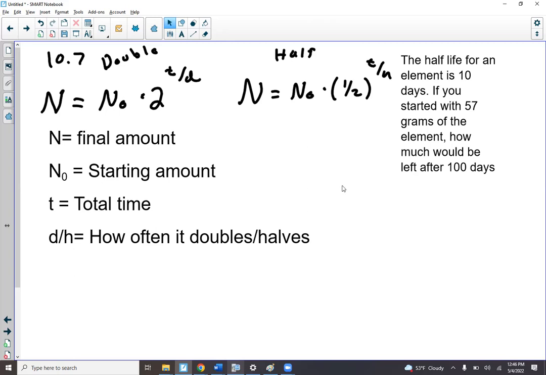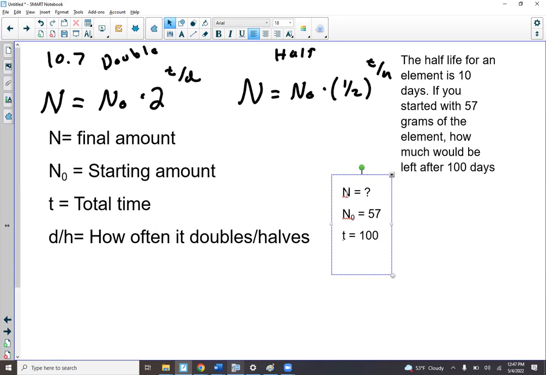So here, let's identify our things. N, we don't know what N is yet, so we'll put a question mark for that. N sub 0, we know what we started off with, which is 57 grams. T equals the total time, so the total time is 100. H is the half-life, since we're cutting it in half. We're halving it every 10 days.